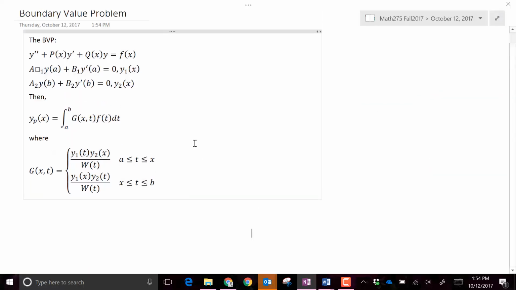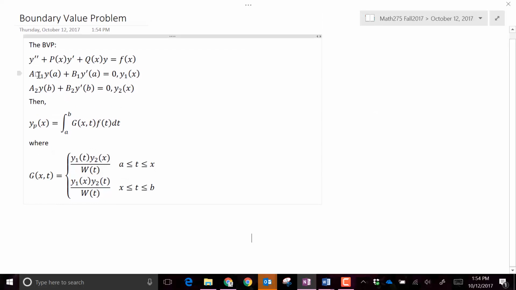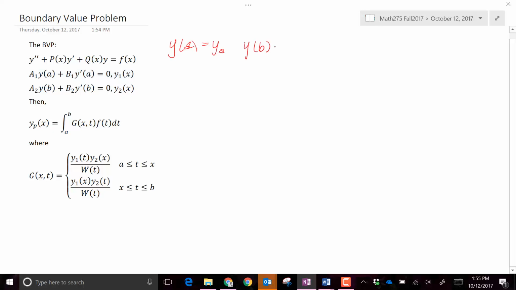So for the boundary value problem, there's an A here. Remember, the boundary value problem has different starting points. A boundary value problem would give you information about either y of A is equal to y sub A, and then y of B is equal to y sub B, whatever those numbers might be.